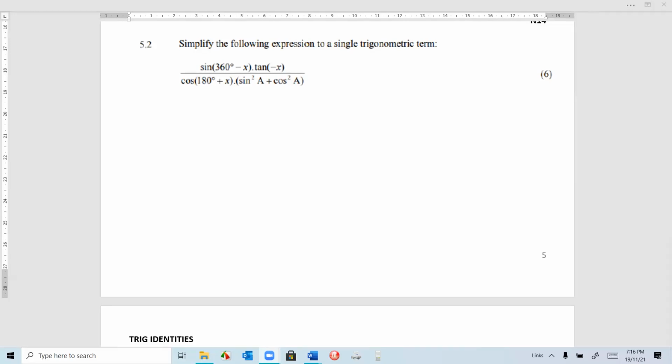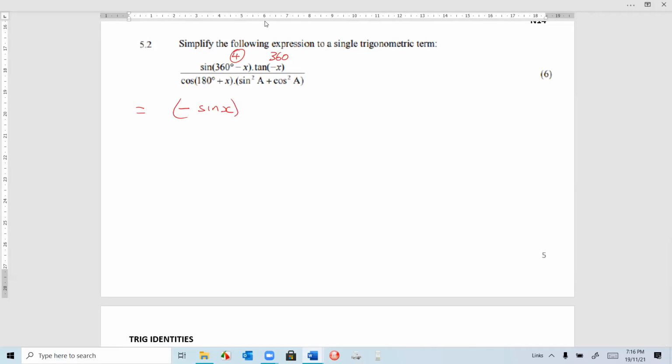So if we look at the question at hand, the thinking process is, all right, 360 minus x, fourth quadrant. So that will change to negative because in the fourth quadrant sine is negative. That becomes a minus sine x. Then we've got tan of negative x. Remember I spoke about this negative angle. You can add 360. Or you could note that minus x means we are actually going backwards, which means we're in the fourth quadrant.